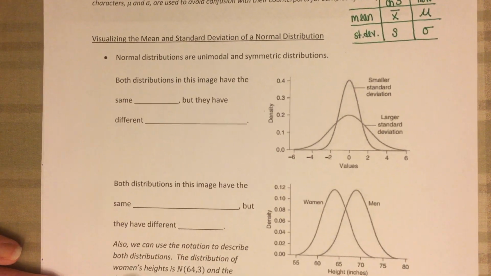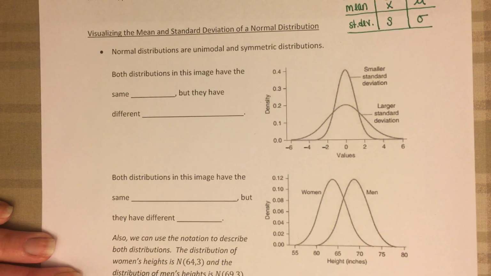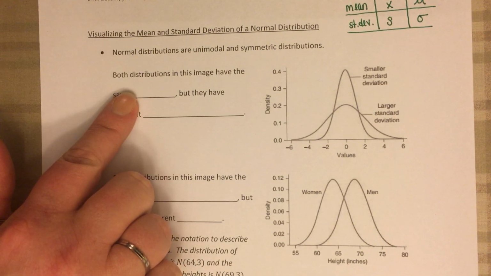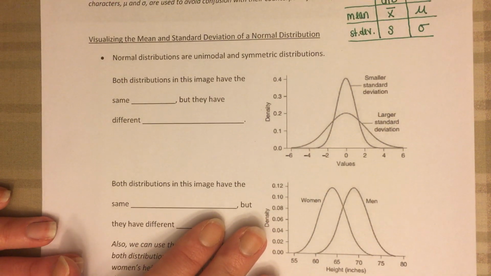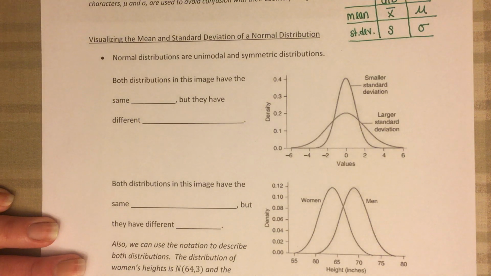Looking at these couple of pictures at the bottom, we're going to be introduced to our notation a little bit and compare our mean and our standard deviation. Looking at this first image, notice that our distributions are both unimodal and symmetric.